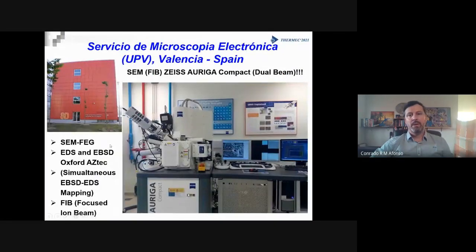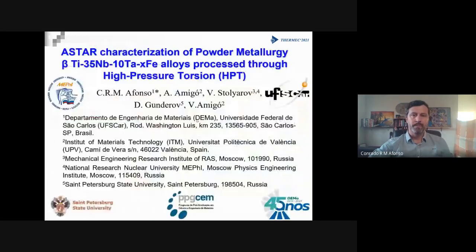Another place where I used this technique was the Universidad Politécnica de Valencia, in Spain, where I also used a dual beam microscope to prepare the TEM samples by FIB, focused ion beam, which is very useful in the case of interfaces and very localized samples.